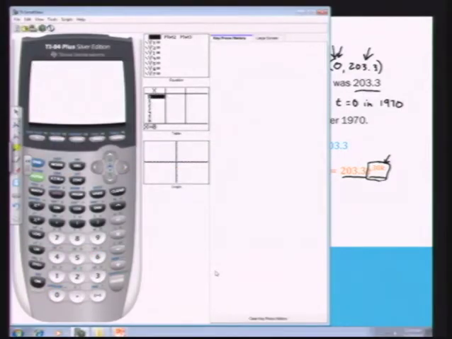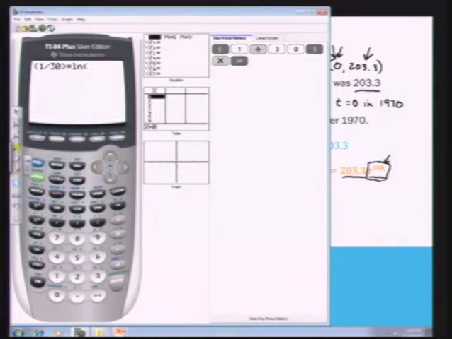So let's look at this on our TI-84 calculator. Now remember, we want to take 1/30th of the natural log of 281.4 divided by 203.3. So on our calculator, we're going to start with parentheses 1 divided by 30 to get 1/30th, and then close the parentheses, times the natural log, and this is where we need to be careful.